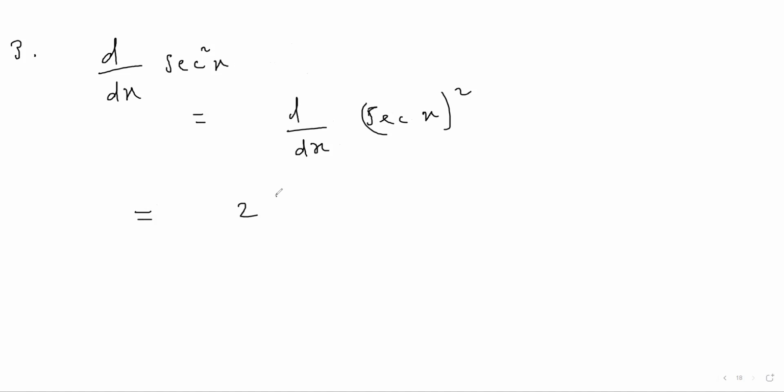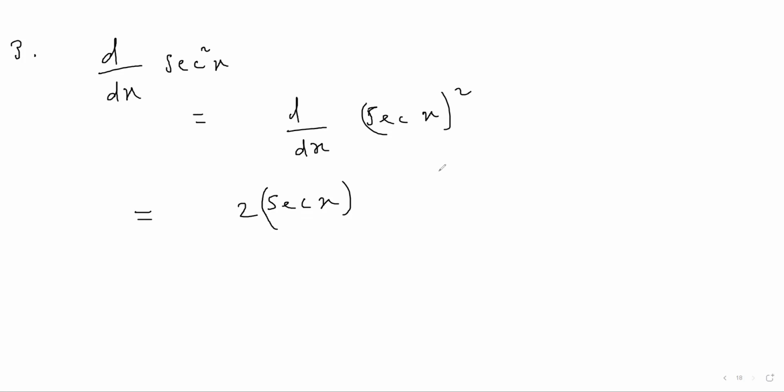2 multiplied by sec of x to the power of 2 minus 1. But then, 2 minus 1 is just 1, and the 1, you can just leave it out.